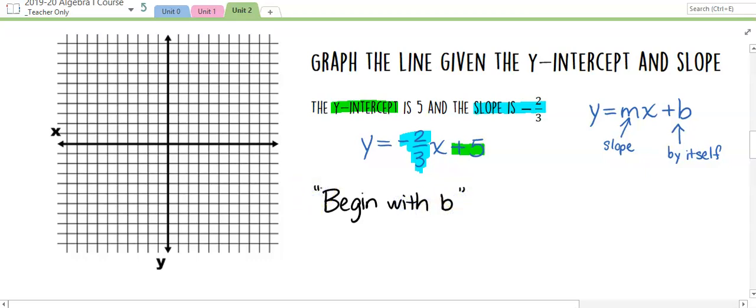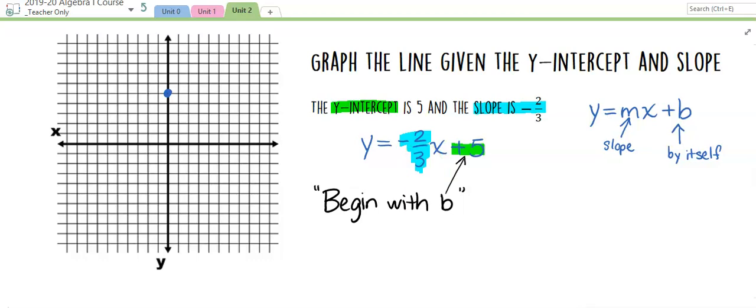Begin with the y-intercept. Now, think about it. Is bx a word? No. So I'm not going to put the b with the x. Is by a word? Yes, that's the word by. So we're going to begin by putting this 5 on the graph. The y-intercept is 5, so I'm going to go up to 5.